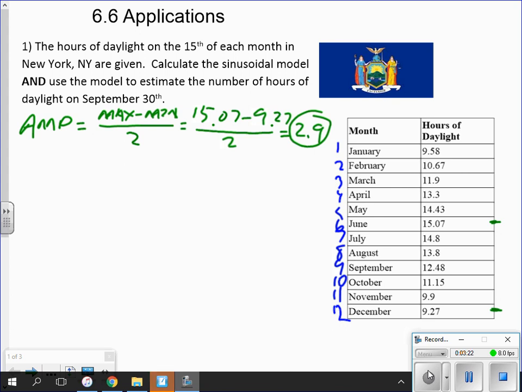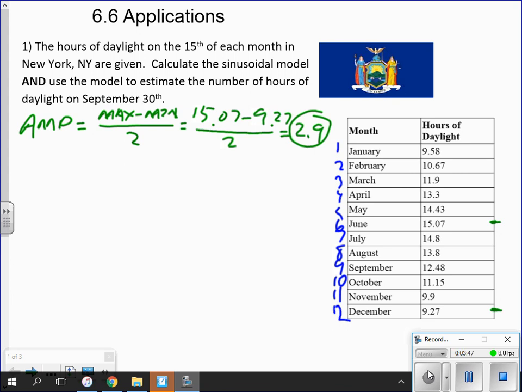Tied with the amplitude is the phase shift. To find the phase shift, we have to find how much above and below, because we don't go from -1 to 1, right? And we don't go from -2.9 to +2.9, do we? We move up considerably from that. We don't have negative daylight hours.